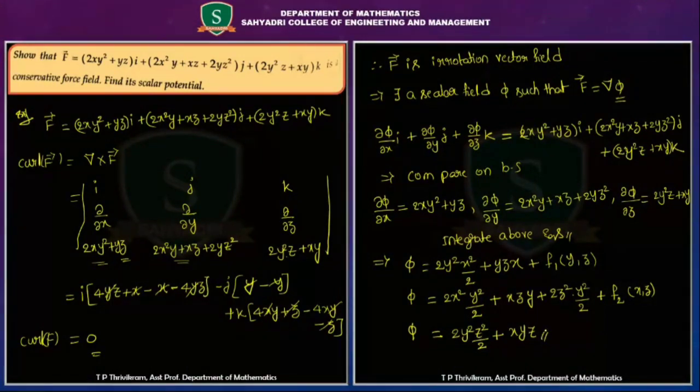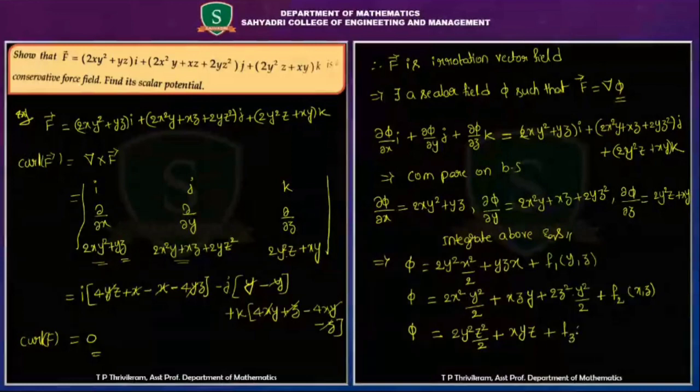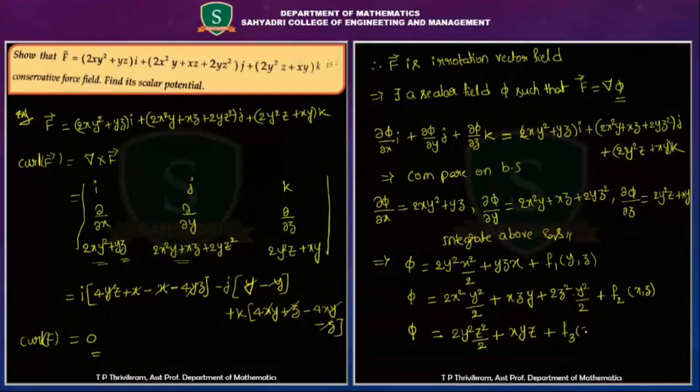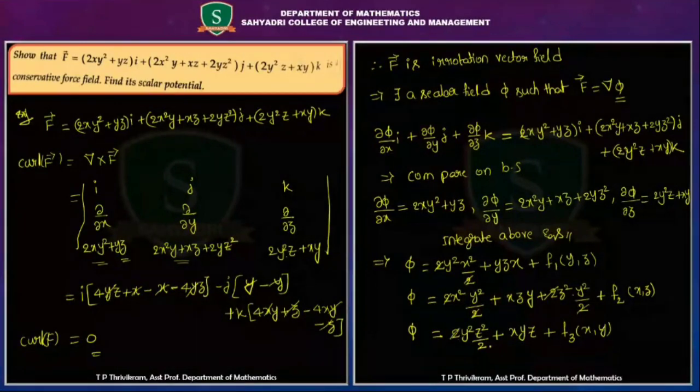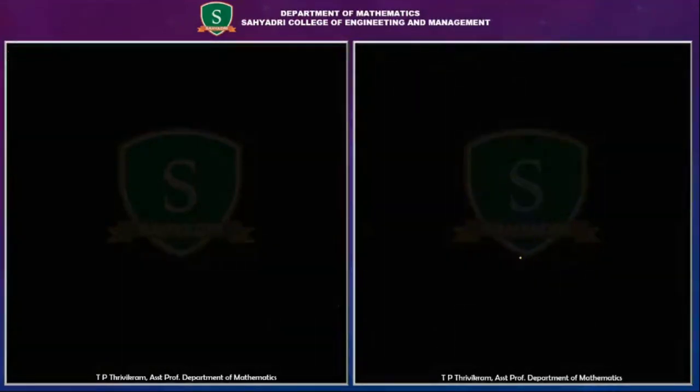Plus integrating constant will be how much? f3 of, except z, you have to write the remaining two variables, that means x comma y. Okay. Now cancel these two equations. Sorry, these two. Any simplifications are required, I will do it. Here 2 gets cancelled. Okay. So wait a second.